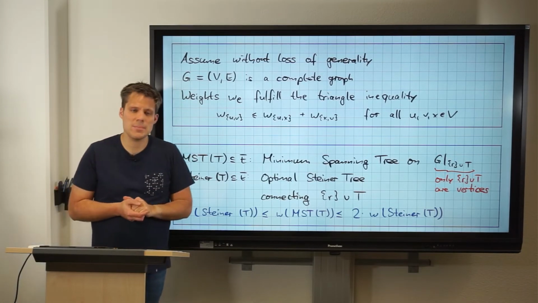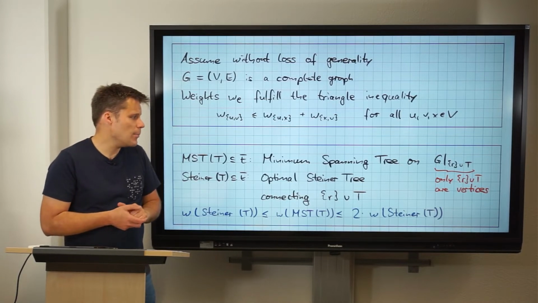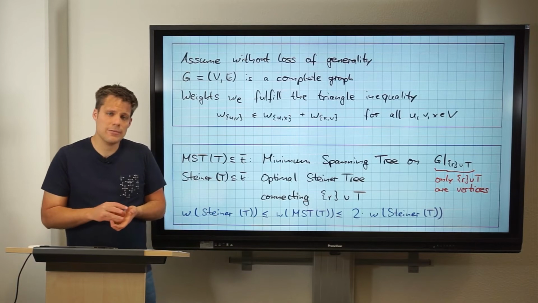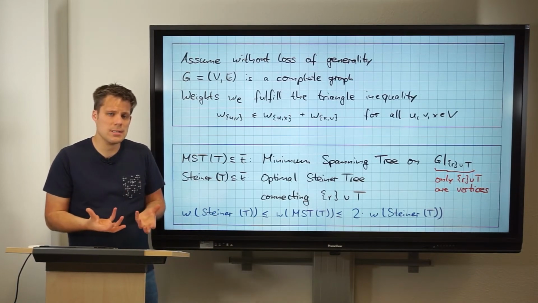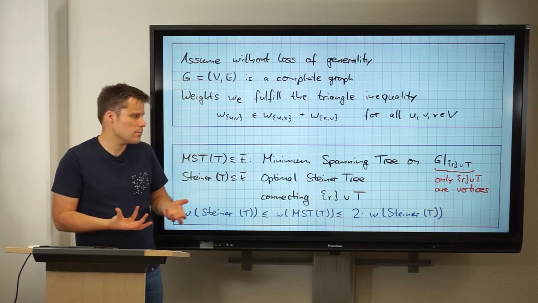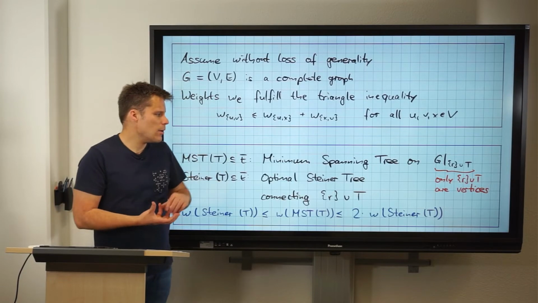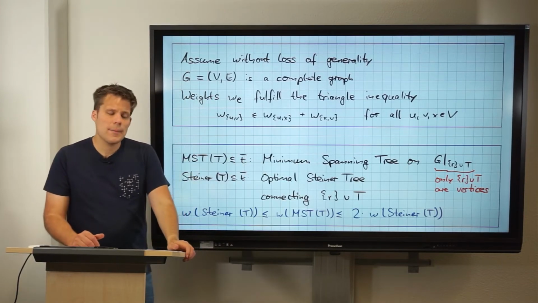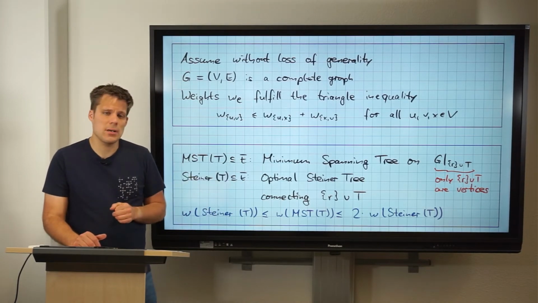Under these assumptions we have these comparisons between a minimum spanning tree and an optimal Steiner tree. For a minimum spanning tree, we're now considering the graph restricted to only the root and the terminal vertices, and given that this is a complete graph, this is also still connected, and there we can now ask what the minimum spanning tree of this graph is.